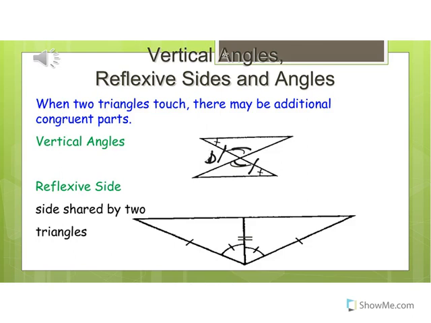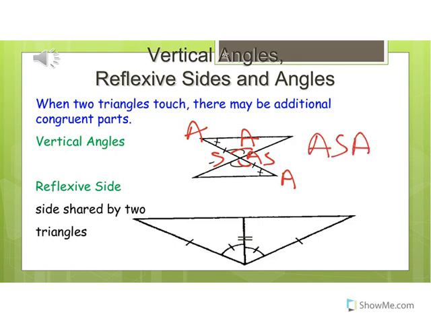Let me erase this. Okay, so here we have these two angles are congruent, so we have angle, side, angle, and angle, side, angle. So then these two are congruent by angle, side, angle.